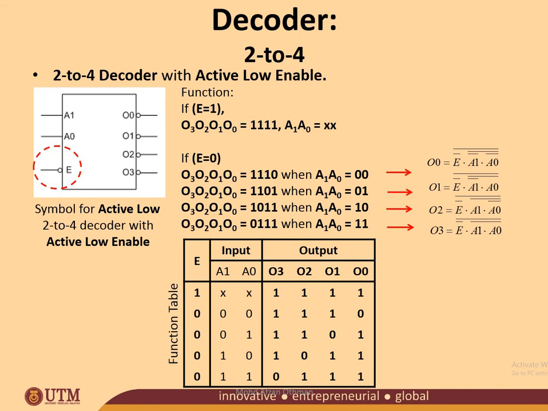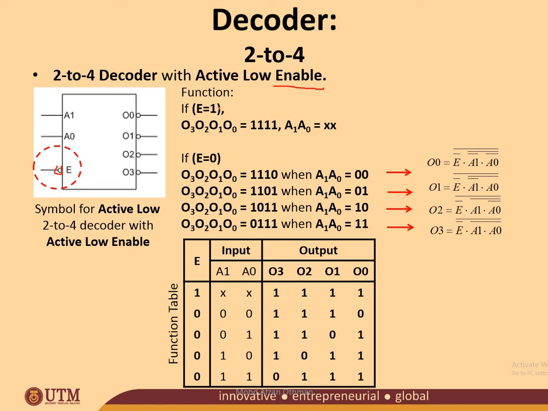So, 2 to 4 decoder with active low enable. Your enable is active low, because you have bubbles. If E equals 1, the chip will not perform the decoder function.